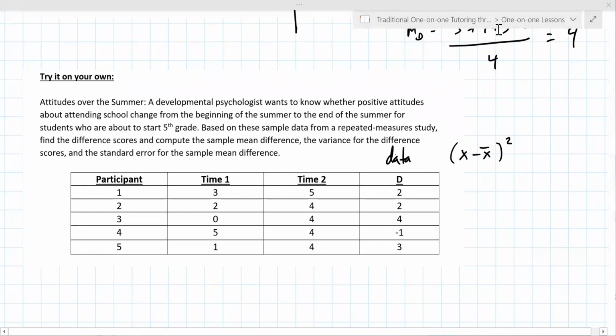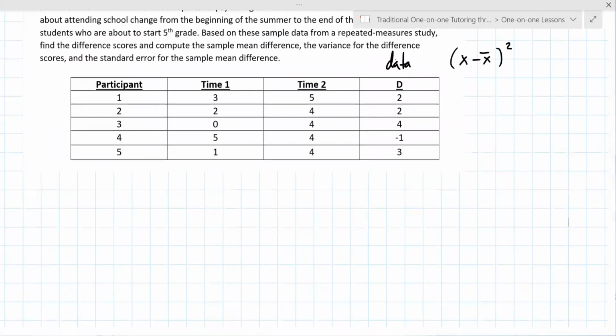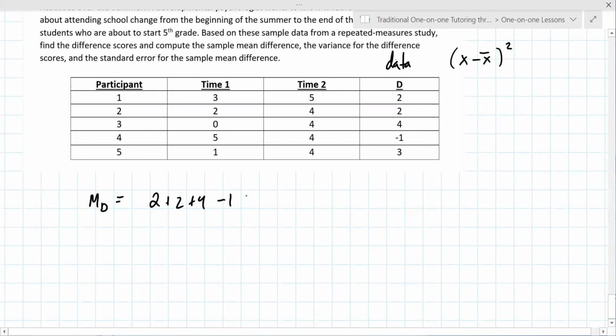The first thing the problem asks for is to find MD, which is adding these up: 2 plus 2 plus 4 minus 1 plus 3 over 5. That is 10 over 5, which is 2.